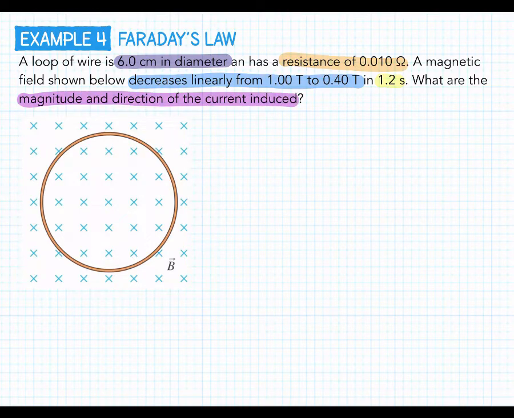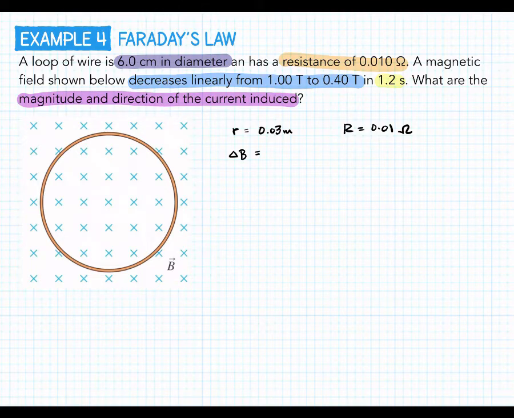Okay, so we're going to start with this. So let's draw our loop. All right, this thing has a radius of 3 centimeters, with a magnetic field going into the page. So what's happening to this magnetic field?